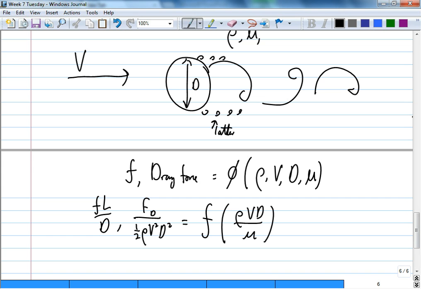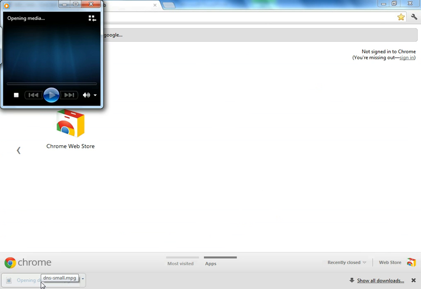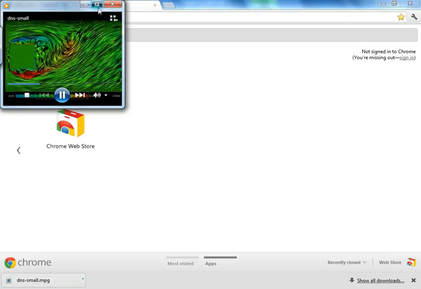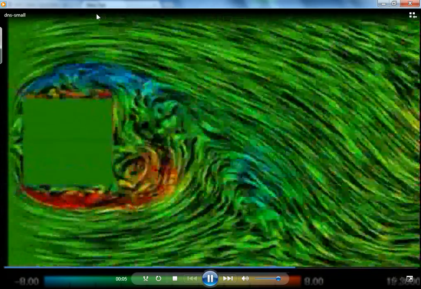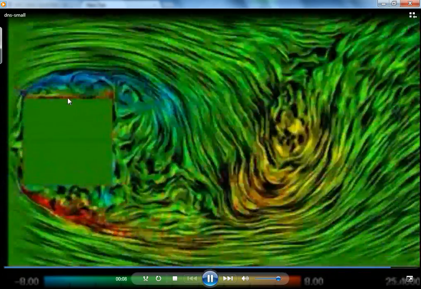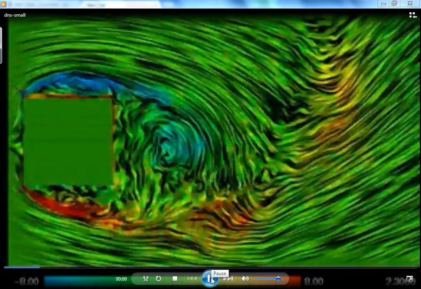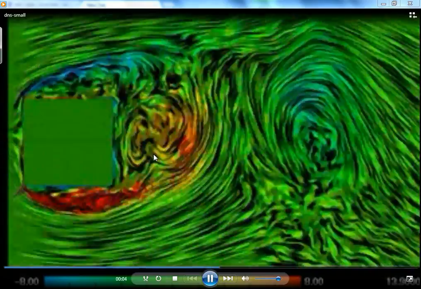Let's watch the video first so that you can see how it goes. This is a block. Well, this one's a square, but similar things are happening. You can see these big vortices being shed alternately.